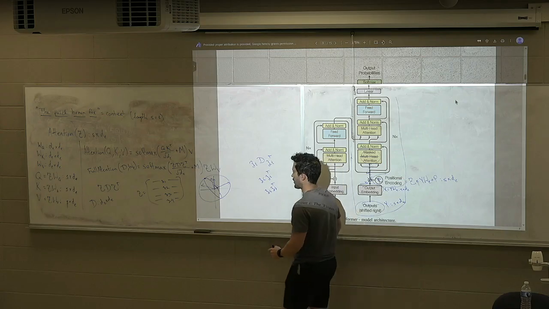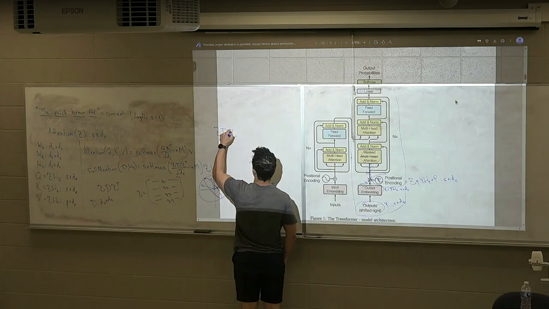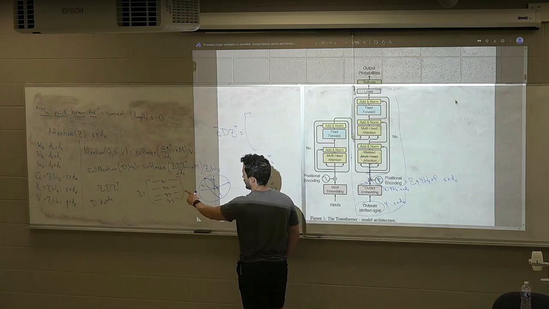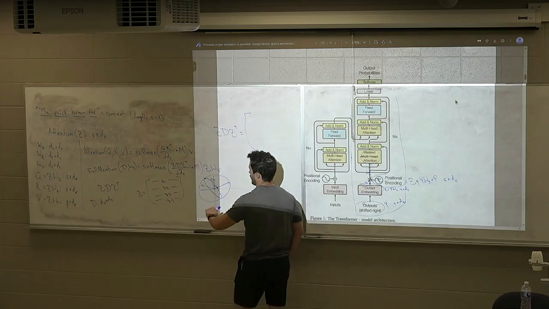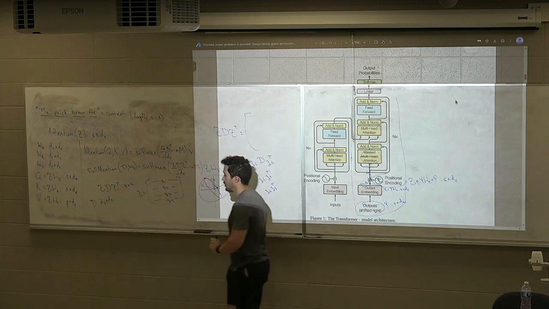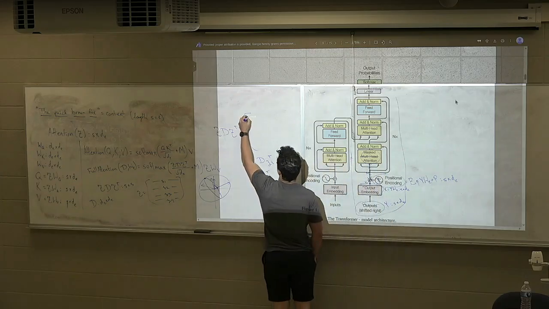And so the outcome Z D Z transpose is going to be a matrix of size S by S. This one's going to be Z1 D Z1 transpose.